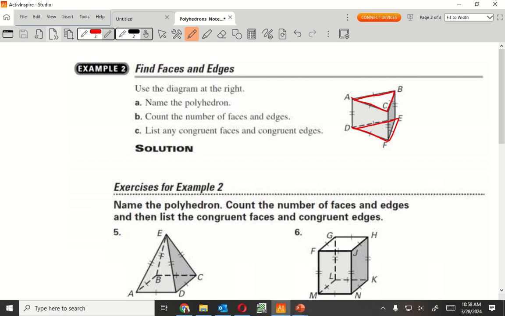I have two triangles. So the full name for this one, TRIA. So we just name it with the polyhedron after it.